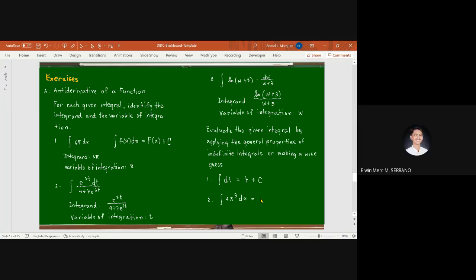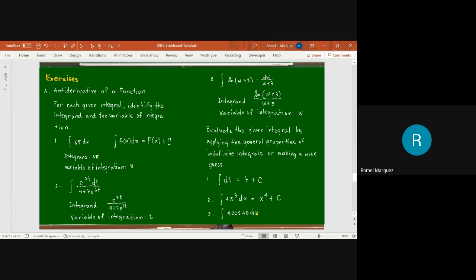Number 3. What if I have the integral of 4 cosine 4 theta d theta? What is that trigonometric function? If I get the derivative, I will get 4 cosine 4 theta.